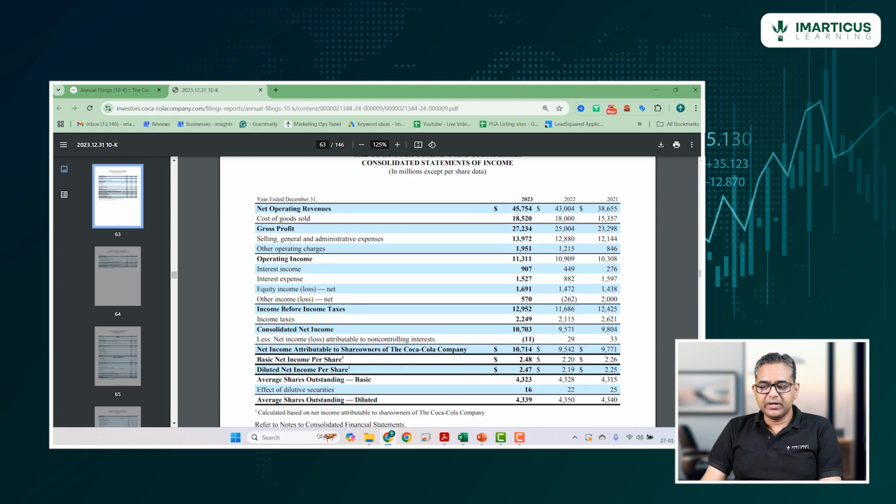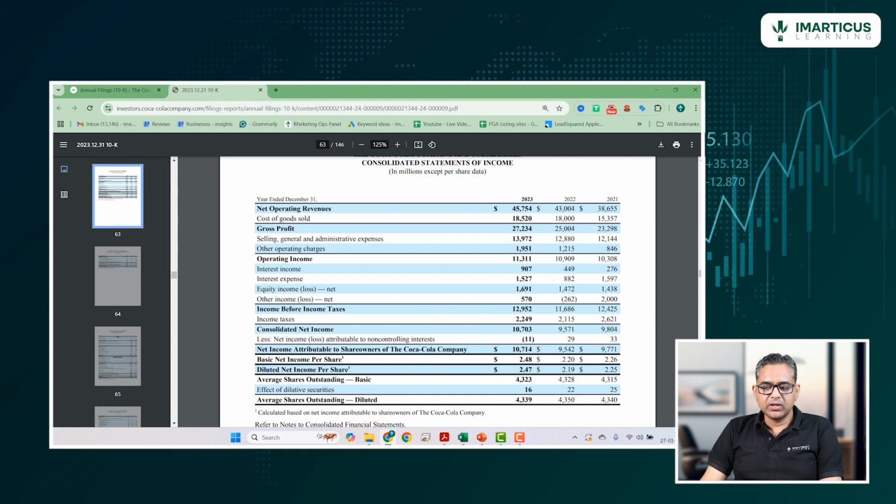There is a particular revenue they are generating, which is increasing year on year. But then there are different measures of profit we are looking at: gross profit, operating income, profit before income tax, profit after tax. So there are various profit measures with respect to revenue, right?